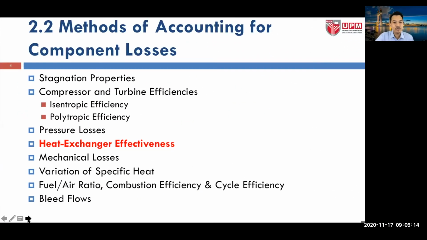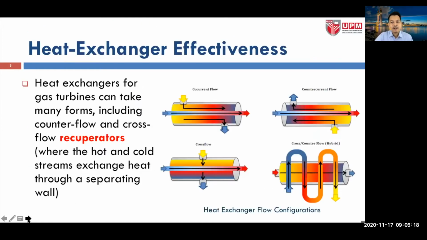Let us look into heat exchanger effectiveness. Heat exchangers for gas turbines can take many forms, including counter flow and cross flow, or recuperators, where the hot and cold streams exchange heat through a separating wall.